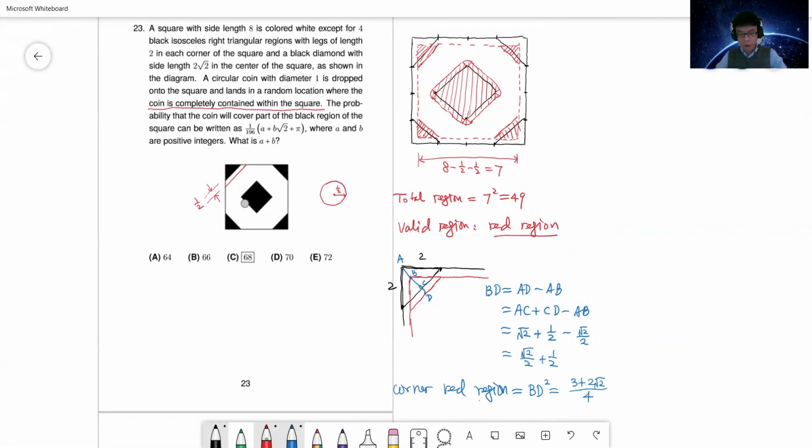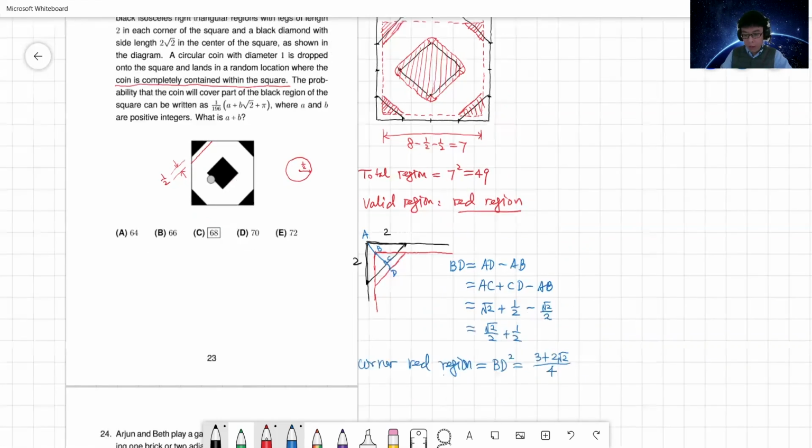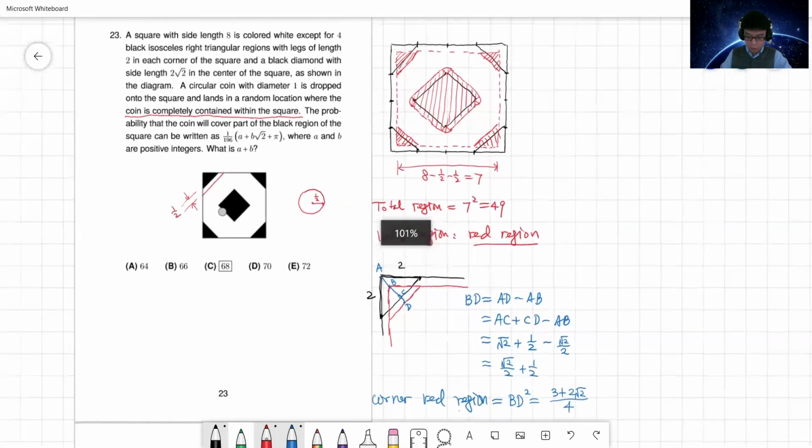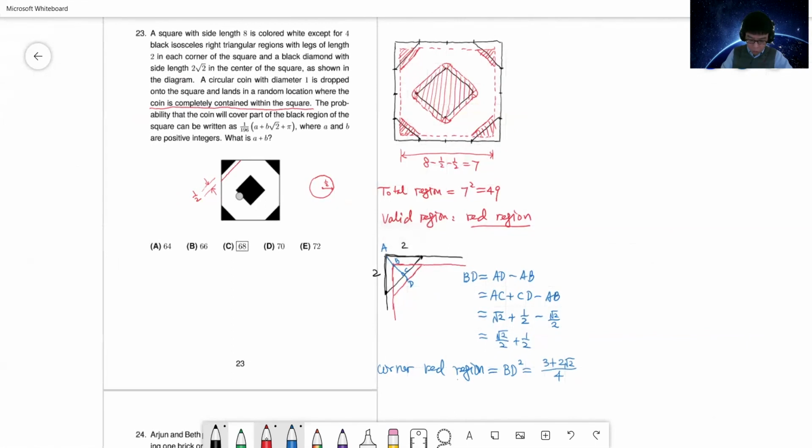And we have 4 corners, so we just multiply by 4. That's the 4 corner region. Four corner regions equal 3 plus 2 root 2.